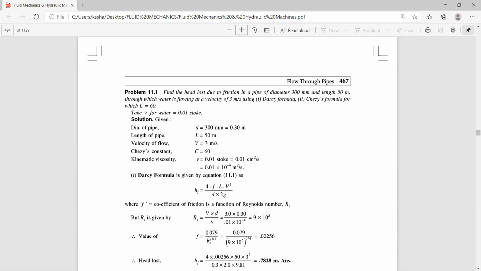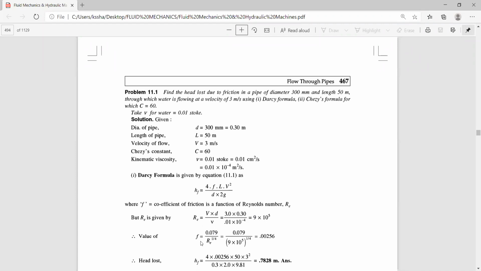And for finding that, you need Reynolds number. So what is the formula for Reynolds number? Velocity V into diameter D divided by kinematic viscosity. That is, velocity V is 3, diameter D is 0.3, kinematic viscosity is 0.01 into 10 raised to minus 4. So your Reynolds number comes out to be 9 into 10 raised to 5.